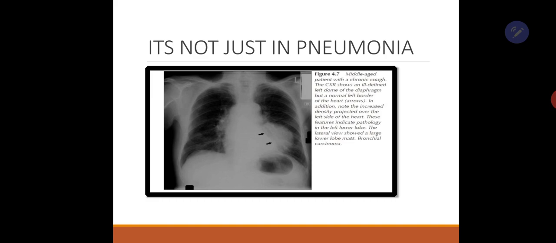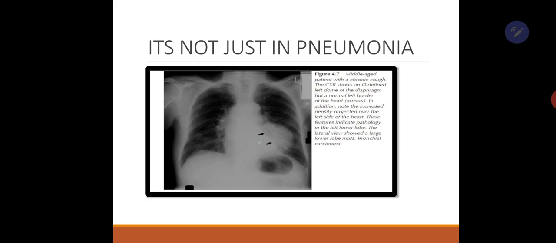Now, the Silhouette sign is not just in pneumonia. I will give you an example. Middle-aged patient with a chronic cough. The chest X-ray shows an ill-defined left dome of diaphragm, but a normal left border of the heart. This is the left border of the heart.